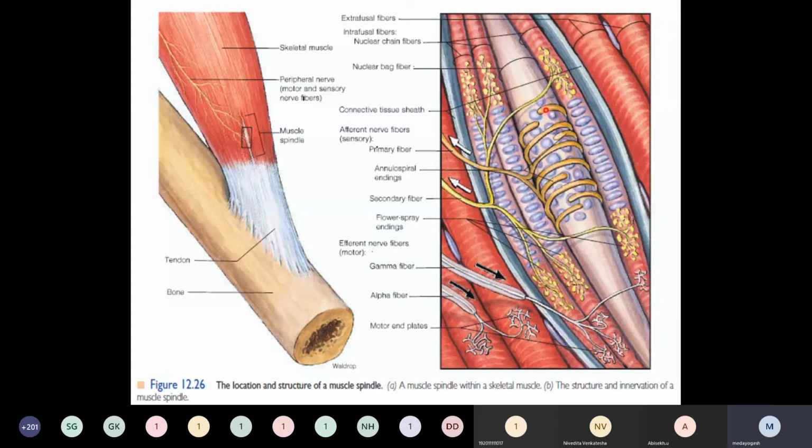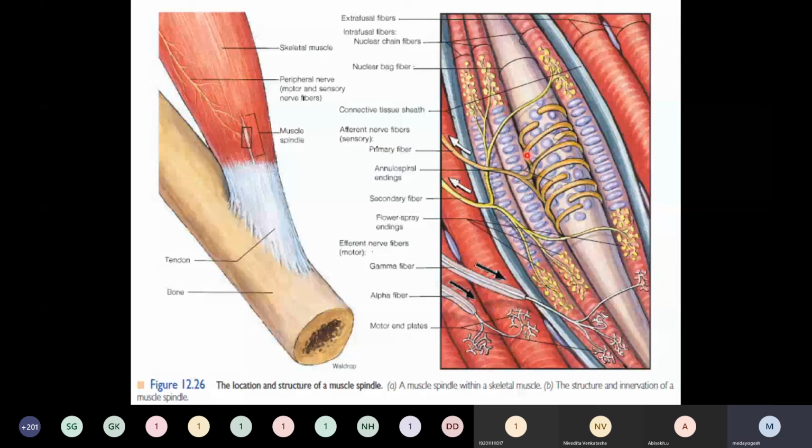Here also there are two types now. If you notice, in one variety all the nuclei are accumulated in the central portion, so the central portion is a little bulged compared to the tapering ends in the peripheries. This central portion is called the nuclear bag fibers.